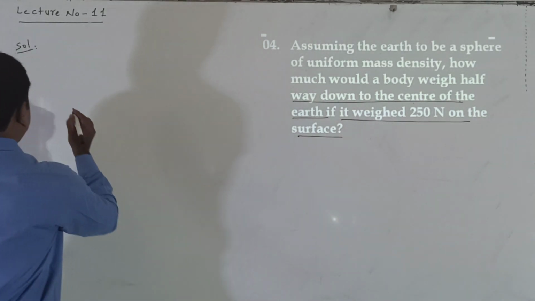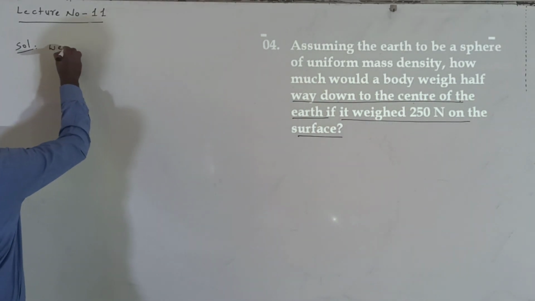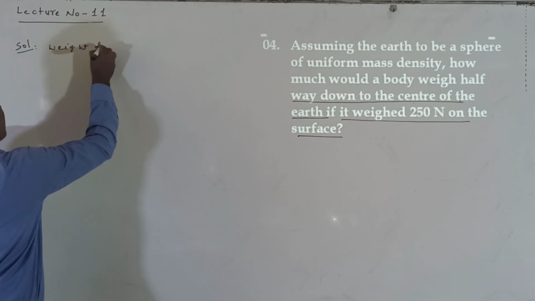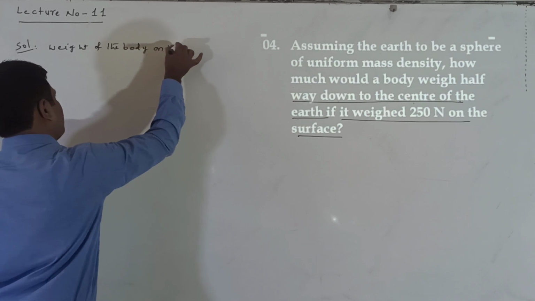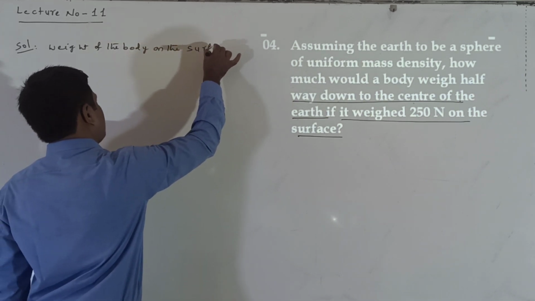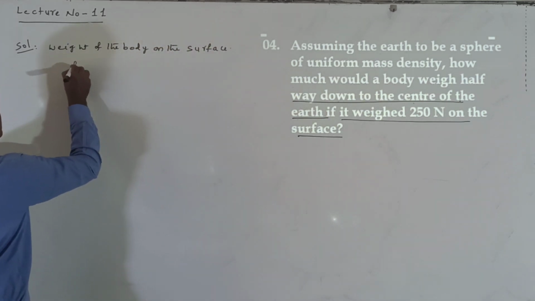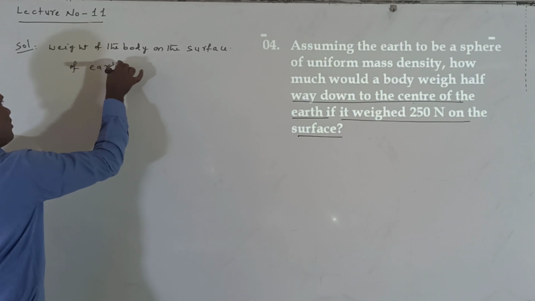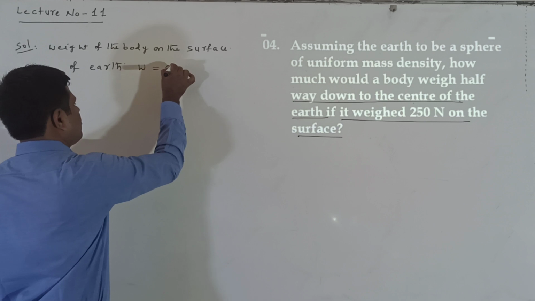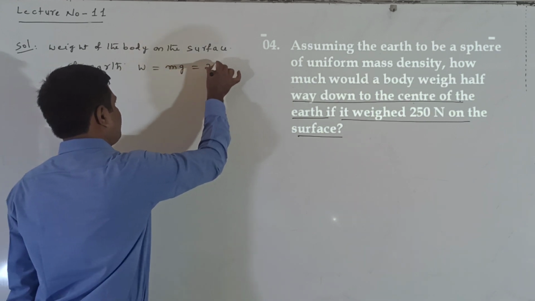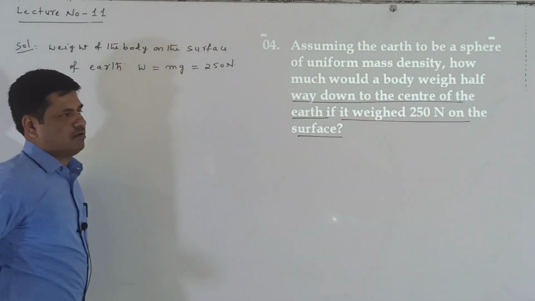First of all, I am writing: on the surface of the earth, the weight of the body is W is equal to mg is equal to 250 newtons. That is given.